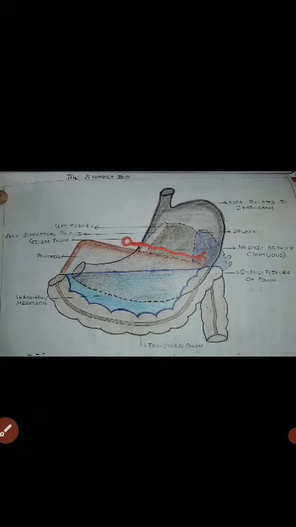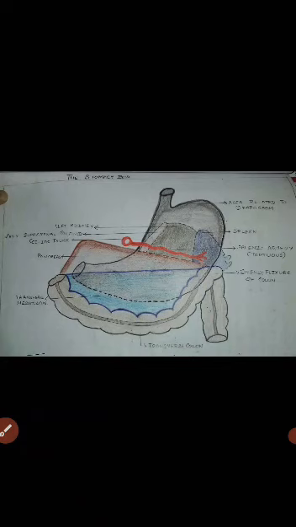The stomach is divided into 2 parts, cardiac part and pyloric part. And how are these 2 parts divided? The angular notch, incisura angularis, is present in the lesser curvature.